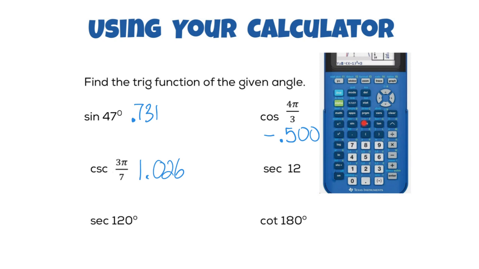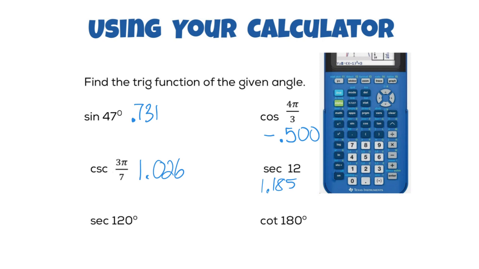So I'm going to hit cosine 12, press enter. And now you want to do the reciprocal of that. So we hit our reciprocal button, the x to the -1, and then press enter. All right, I should have commented, originally I had a 0.844, but when I did the reciprocal, I get a 1.185 on that one.